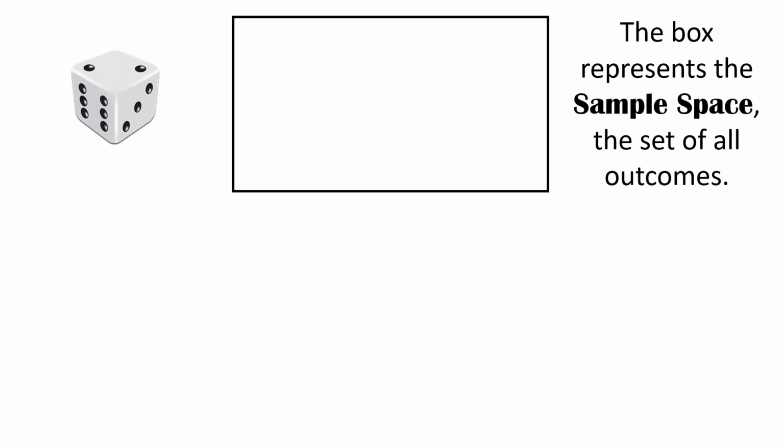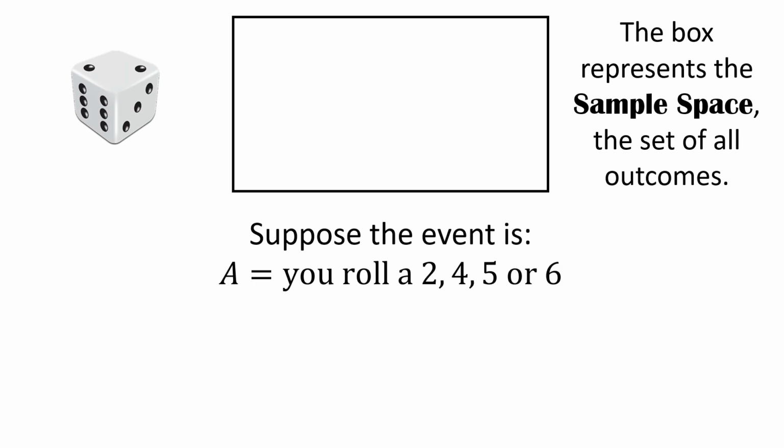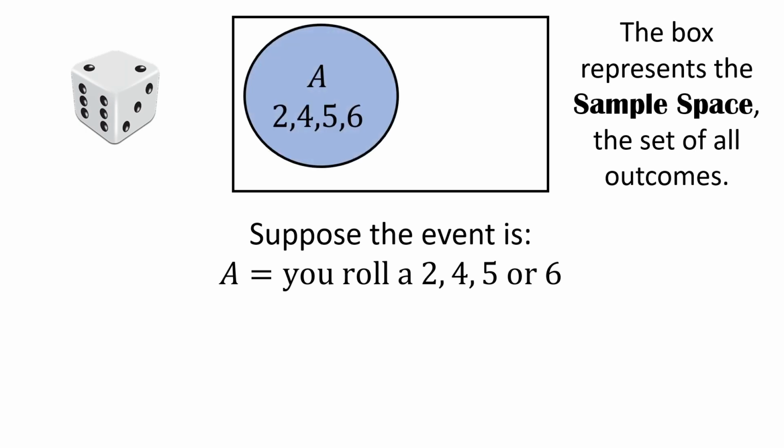Let's return to the example where we have a die. So this example is a little bit more complicated. Again, the box represents the sample space, the set of all possible outcomes. So let's come up with an event. Suppose A is the event that you roll a 2, a 4, a 5, or a 6. We can represent that event by drawing a circle in the sample space. So in this case, just think for a moment, what would the complement of A be?